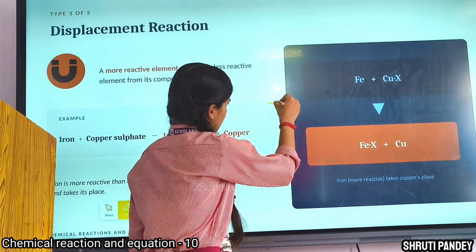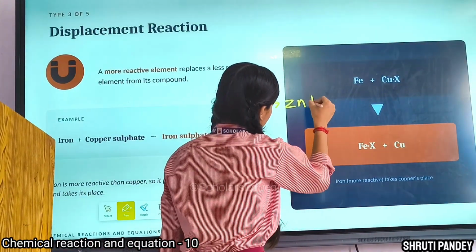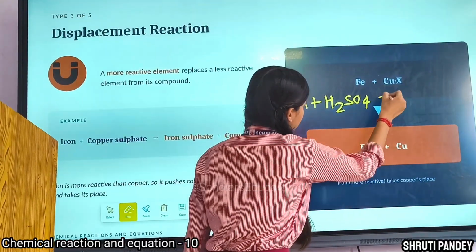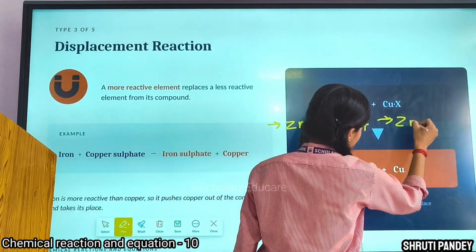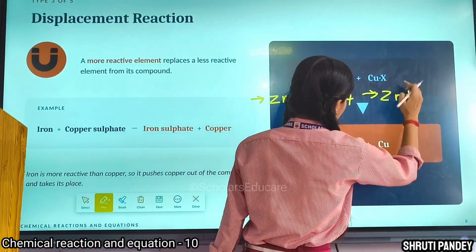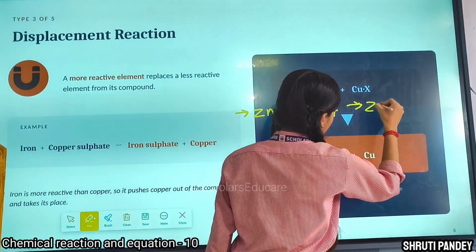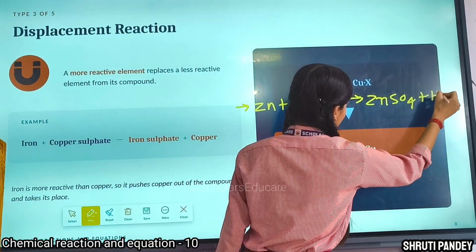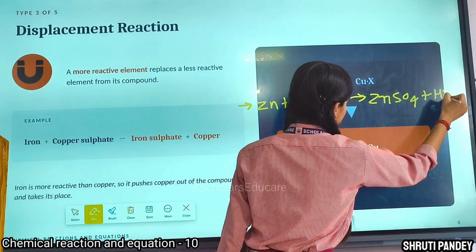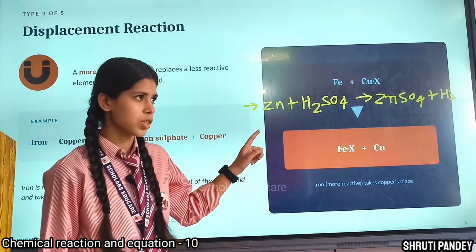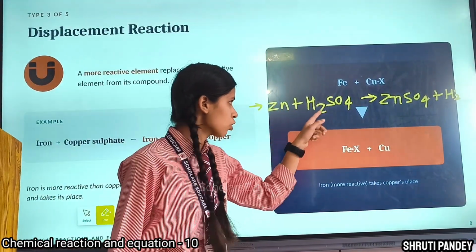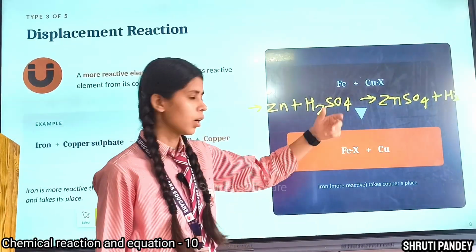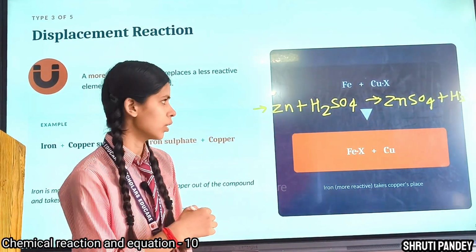The example is zinc plus H2SO4 gives ZnSO4 plus H2. In this reaction, zinc and H2SO4 react and form zinc sulfate and hydrogen. Hydrogen gas evolves in this reaction.